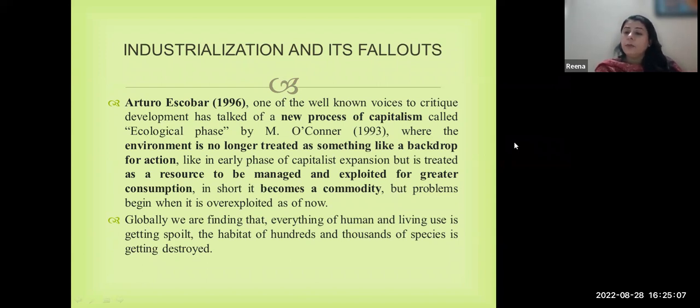It should be the prime responsibility whenever you are implementing any project activities. Those kinds of research and the works of prominent environmentalists and environment professionals are now guiding the industries as well as the policy makers to adopt better strategies for control of the fallouts of industrialization.